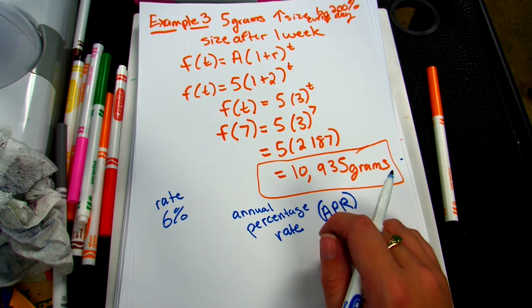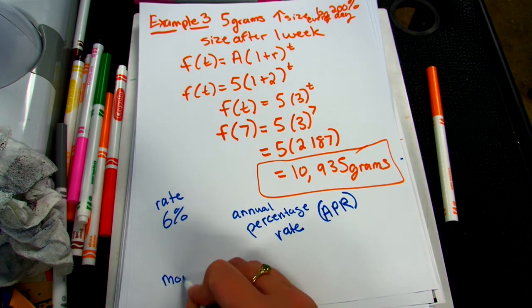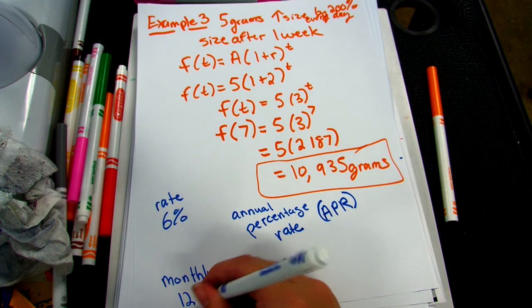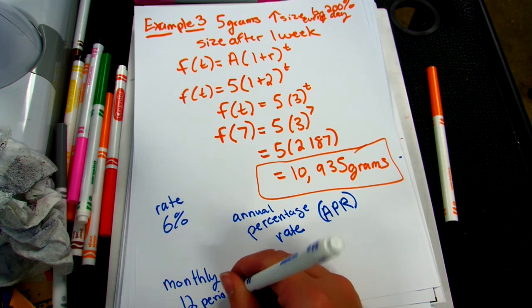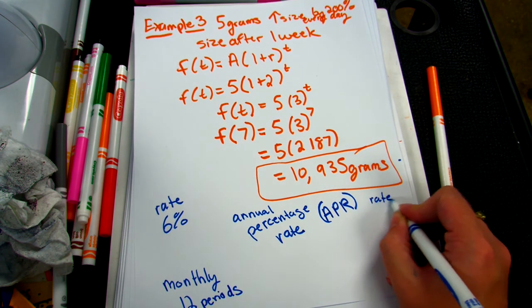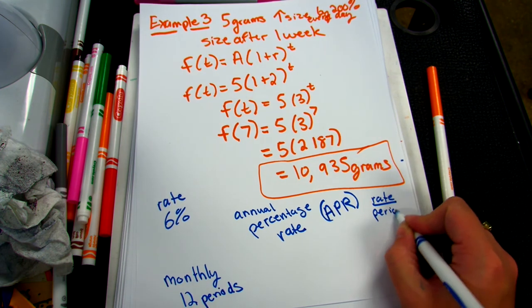So for example, if you're compounding monthly, that means you are compounding 12 times a year, which means there are going to be 12 periods. So your annual percentage rate is your rate divided by your periods.